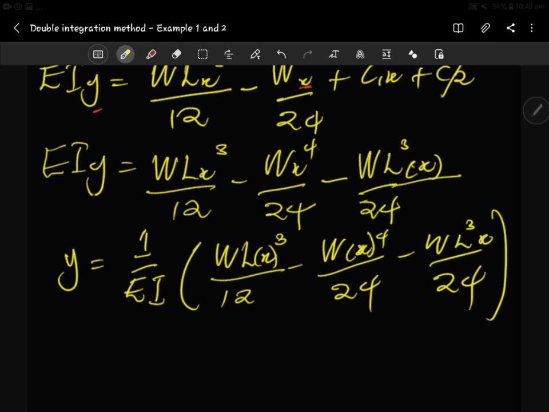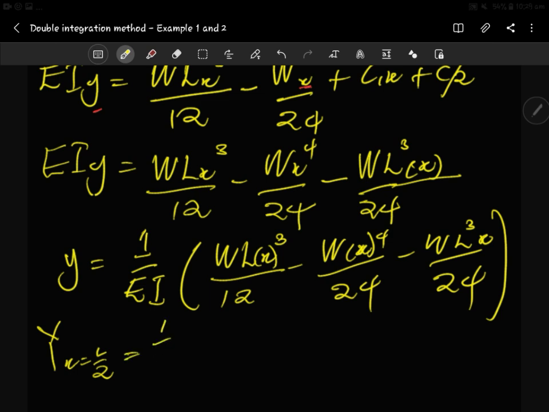So now that we have this, we can go ahead and find our y when x is equal to L on 2, which is the same as finding the maximum deflection, or the deflection midway in the beam, right? Yeah, so that's what we'll do.